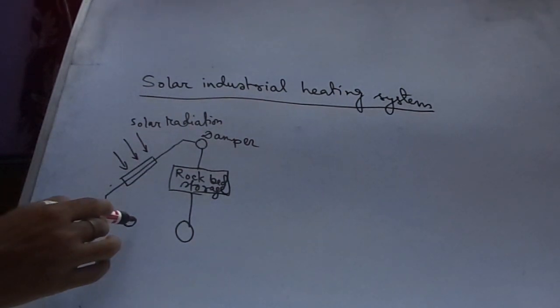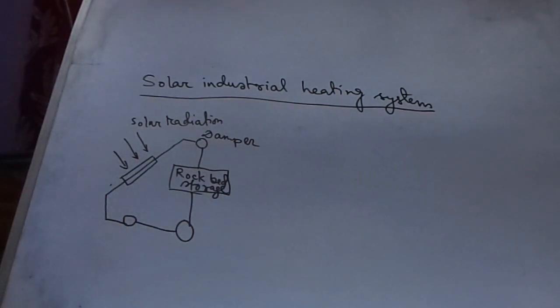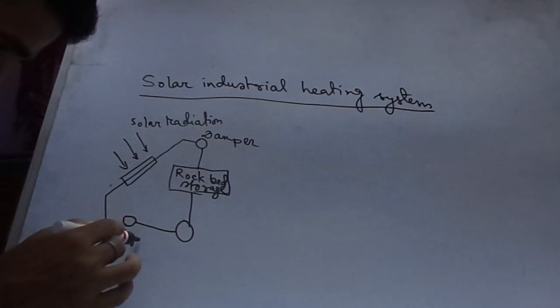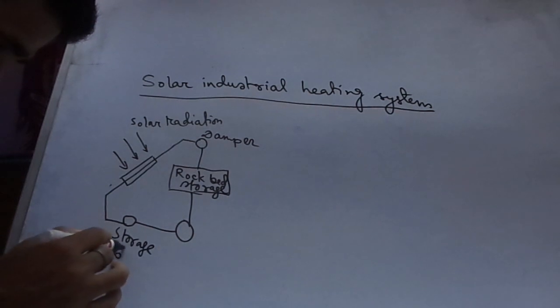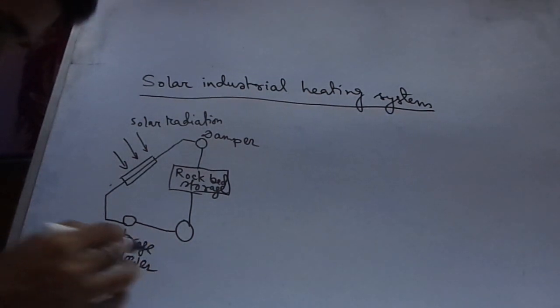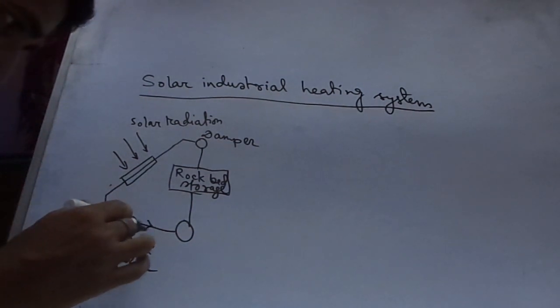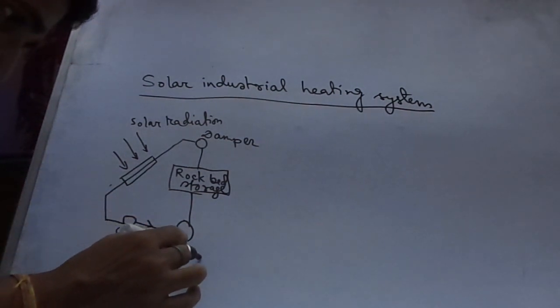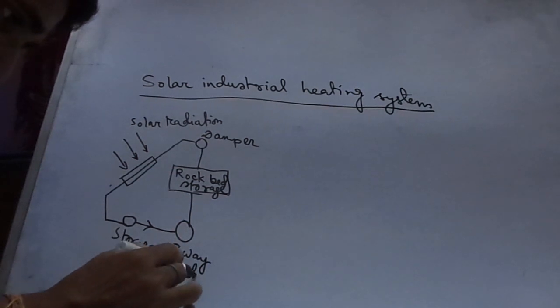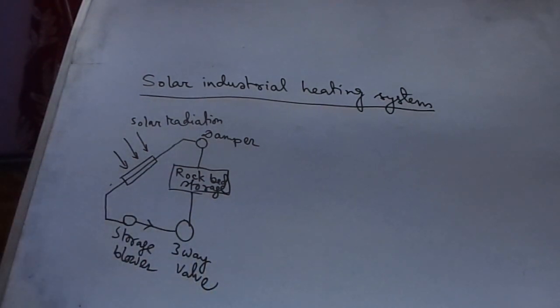There is a line. This one is the storage blower. Another one is the three-way valve. The three-way valve controls the flow of heat in three different ways.